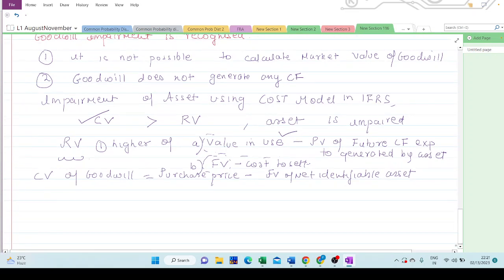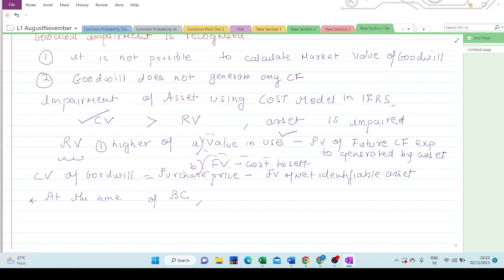We said that at the time of business combination, goodwill is allocated to CGU, which are expected to benefit from the synergies of business combination. Please write this.